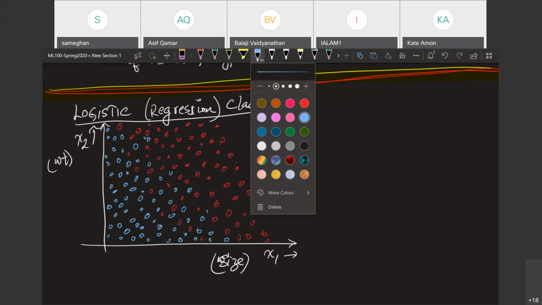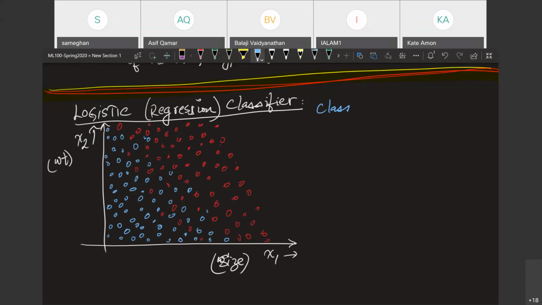The blueberry and the red berry. These are the two classes. If you look at this picture in terms of size and weight, do you feel that they are well separated, completely? They don't seem to be, isn't it? There is a level of overlap.